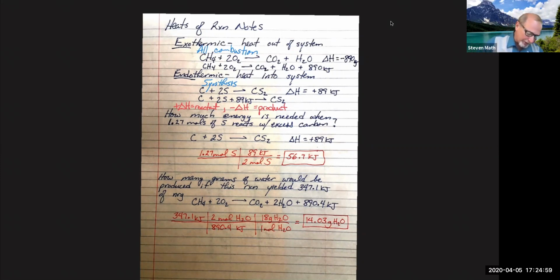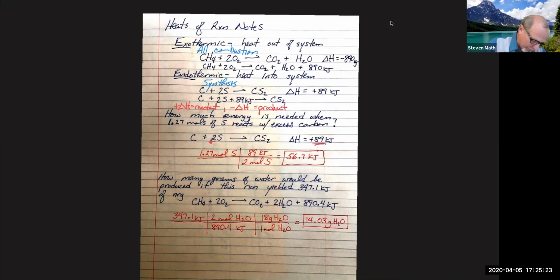So it says how much energy is needed when 1.27 moles of sulfur reacts with excess carbon. So we don't have a limiting reagent problem here. Instead, what we're going to do is take our 1.27 moles of sulfur, and for every 2 moles of sulfur, we need to add 89 kilojoules.